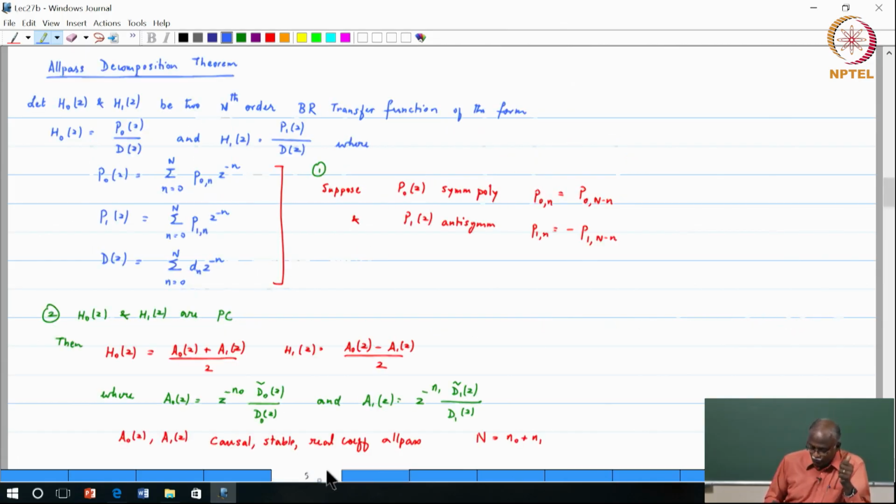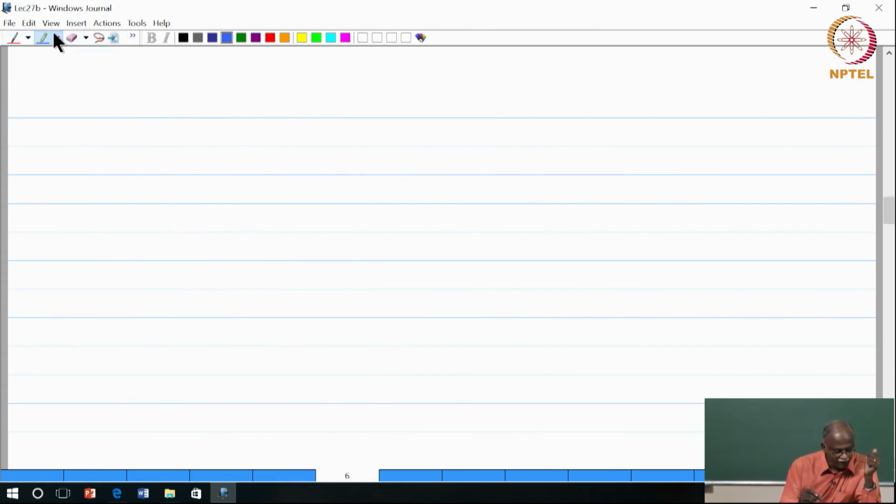Before we get to the all pass decomposition, let me just review a couple of other points. The notion of a bounded transfer function. We are going to be talking about boundedness. It is a very important concept. Basically that means that you do not have the frequency response suddenly shooting to some large value, it is bounded.